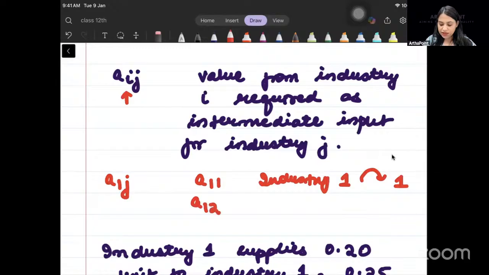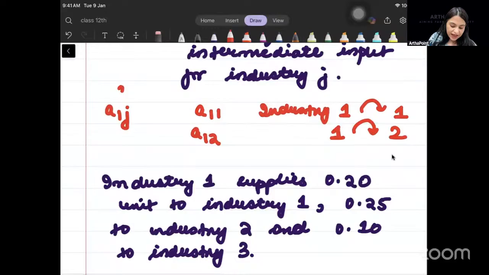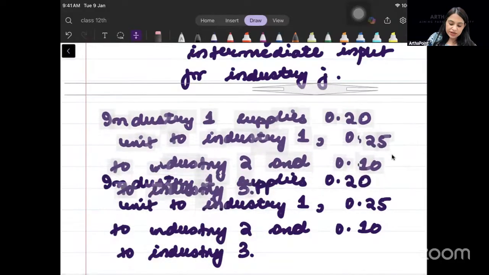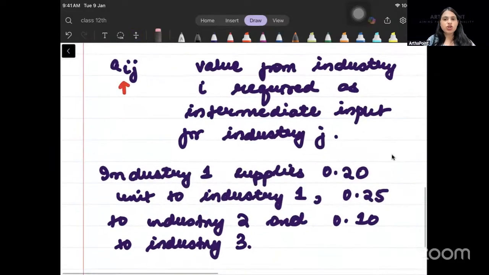A12 means industry 1 कितना input supply कर रही है to industry 2. A13 means कितना input industry 1 supply कर रही है to industry 3. So industry 1, this i is representing किसका output है, whose output it is, right? So this is the interpretation of aij.